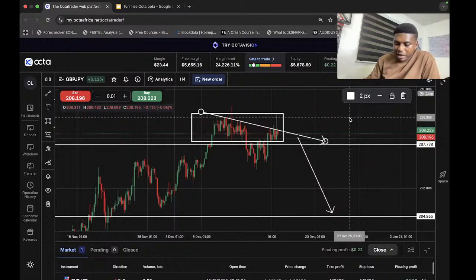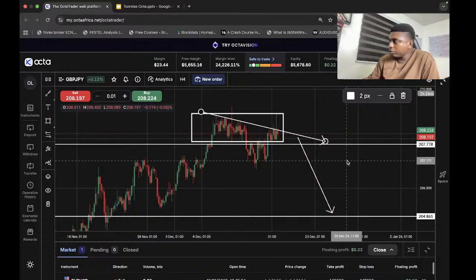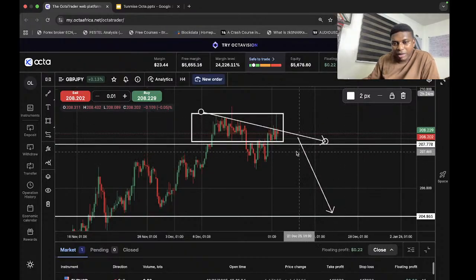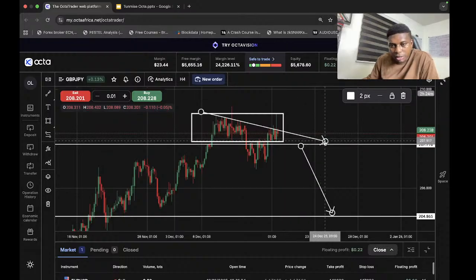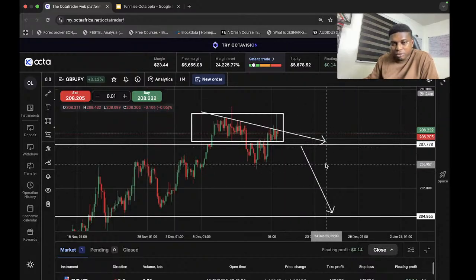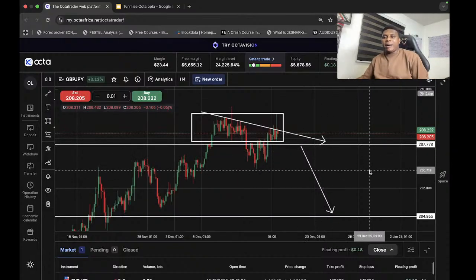And looking at the way price is moving, there would be, say, a breakout towards the downside. So I'm quite optimistic that the bears are more dominant in this market.